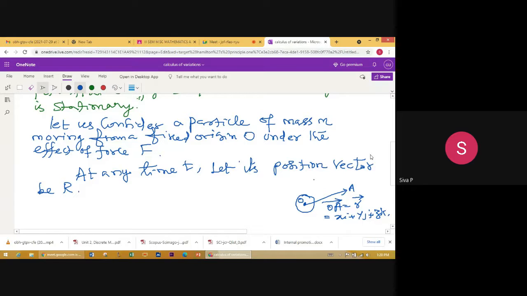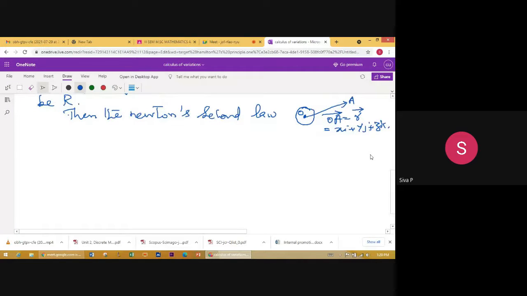Then Newton's second law: m d square r by dt square equal to F. Actually, what is Newton's second law of motion?